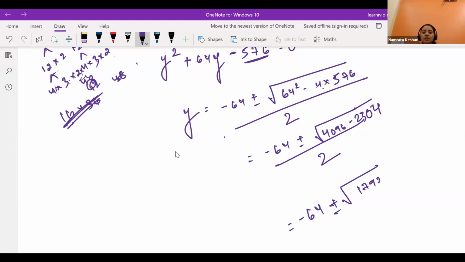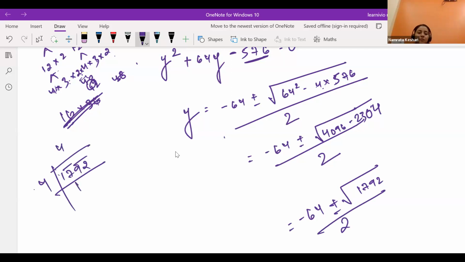Please check the calculation part. So 1792, 4 times 16, 192. Is it a perfect square number?